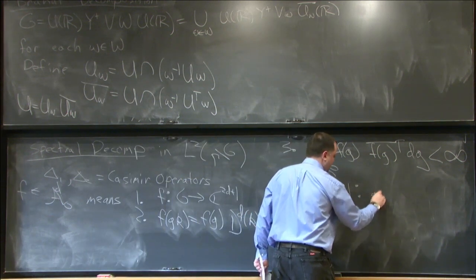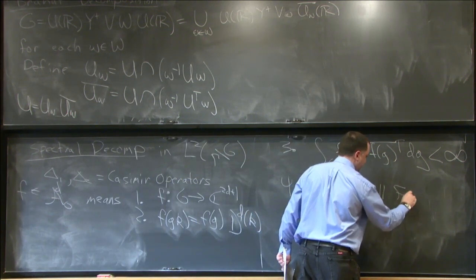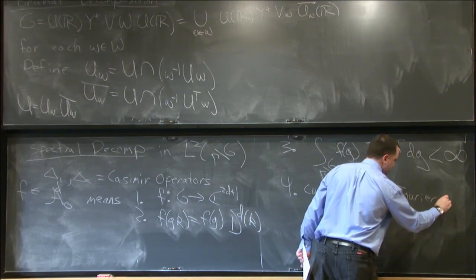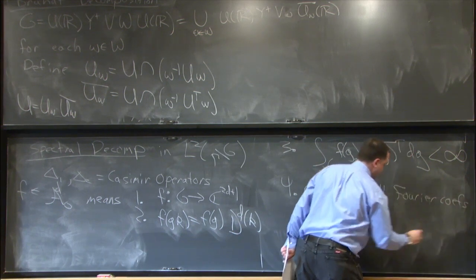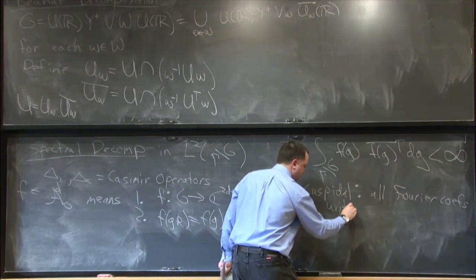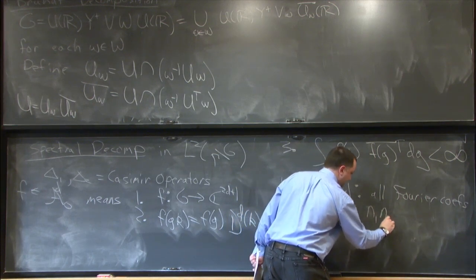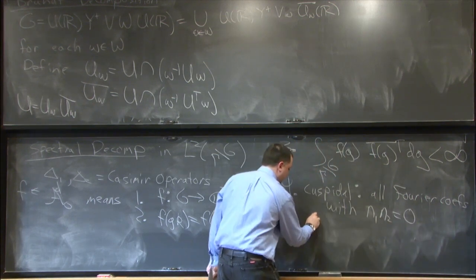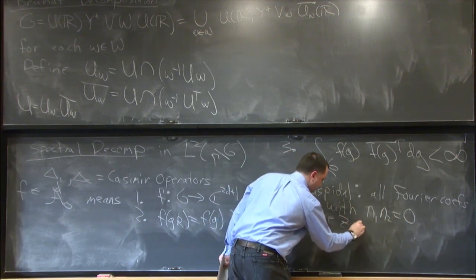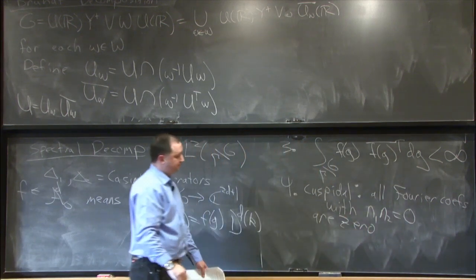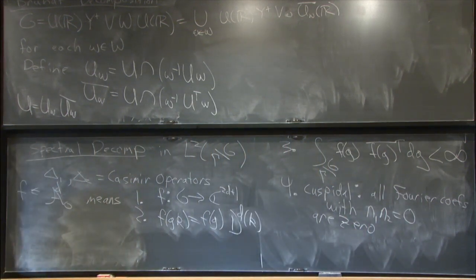So all Fourier coefficients with n1 times n2 equal to 0 are 0. And there's also a boundedness condition, but it's sort of technical and I kind of want to ignore it.